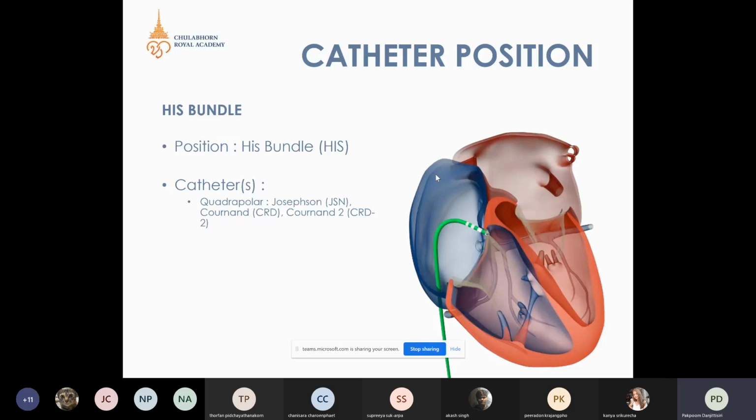As I said, the His bundle electrode catheter should be just 5 millimeters with a fixed curve, or if the anatomy of the His bundle is quite complex to reach with a fixed curve catheter, a deflectable catheter is another choice to approach the His area.